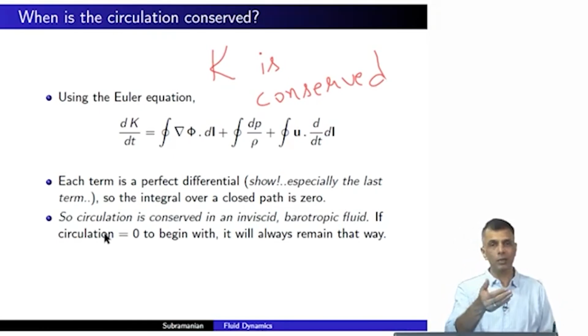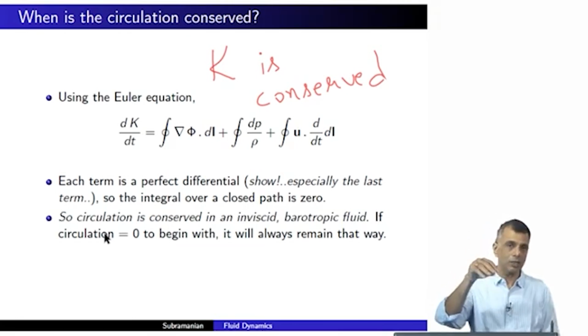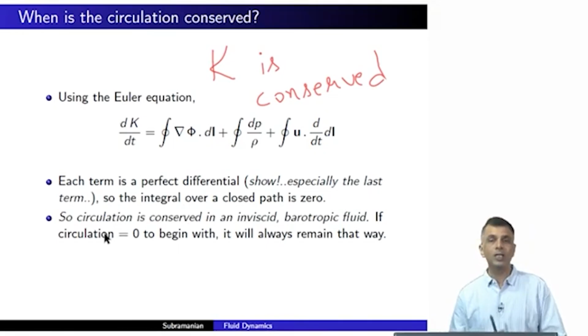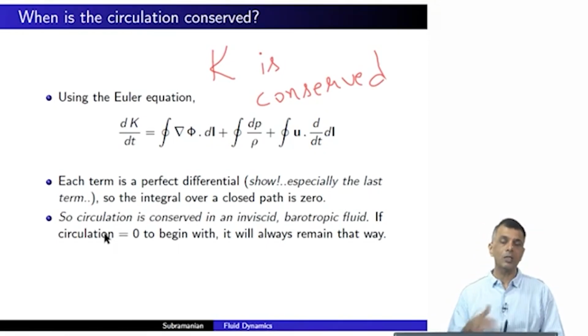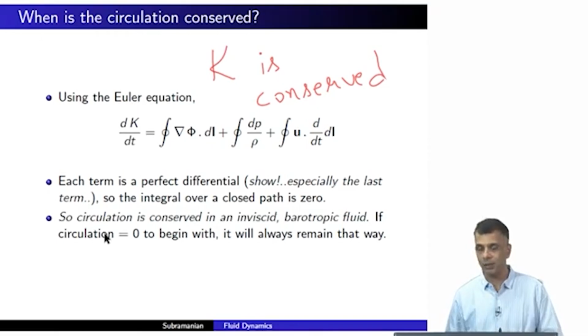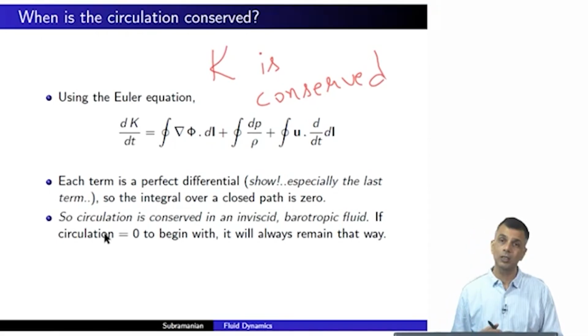All hell breaks loose. There's a lot of vorticity, and lots of vortices are generated. So what gives? How come vorticity is being generated at the wall? That seems to violate this; it seems to be generating vorticity from nothing.